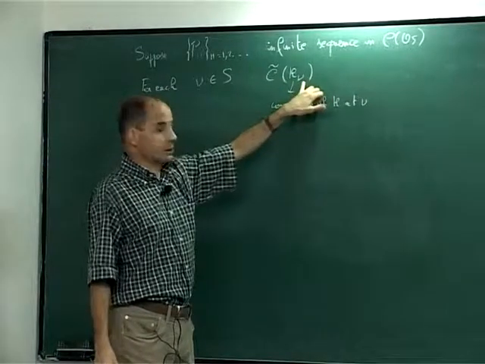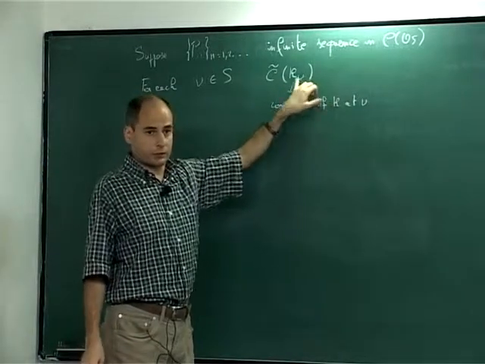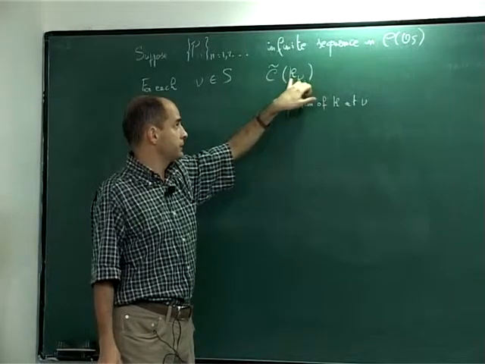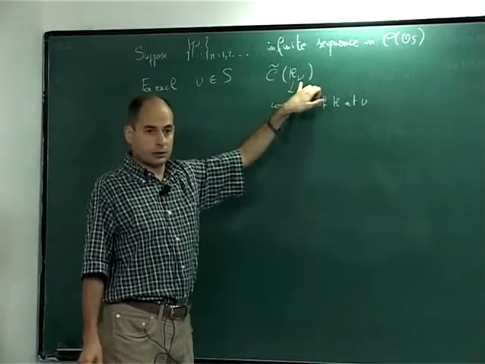Well, this is a compact set because C tilde is projective and K_nu is a complete field.